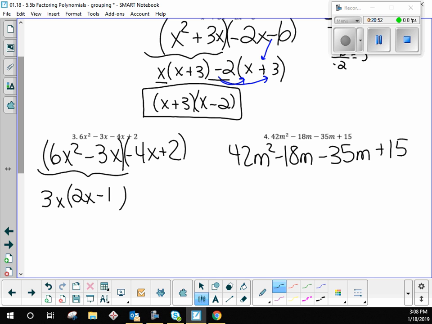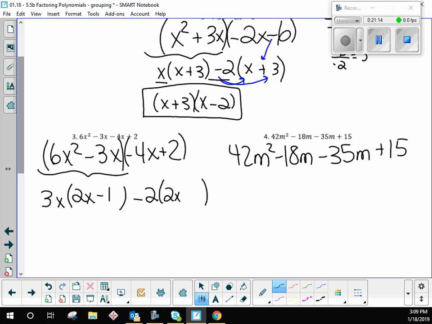And then for the second group, minus. And what's their GCF? What's the GCF of 4x and 2? 2. And leftovers go in parentheses. So when I do negative 4x divided by negative 2, that gives me 2x.